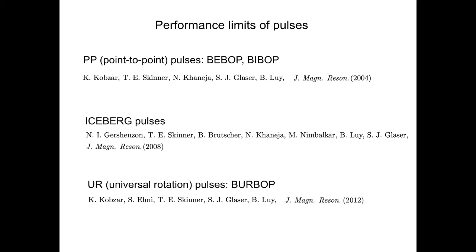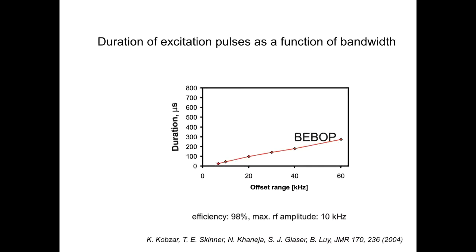So this goes back to 2004 for so-called Iceback pulses, which I will briefly mention, and so-called universal rotation pulses. And so here's just an example. If we look at such pulses, in this case it's excitation pulses, point-to-point excitation pulses, what we see is that for a certain radio frequency amplitude, in this case 10 kilohertz, we want to have an efficiency for a certain bandwidth, where we align the magnetization vectors basically to the x-axis as closely as possible.